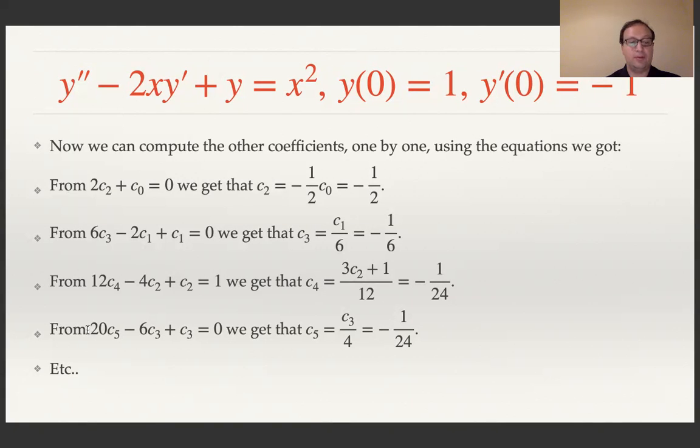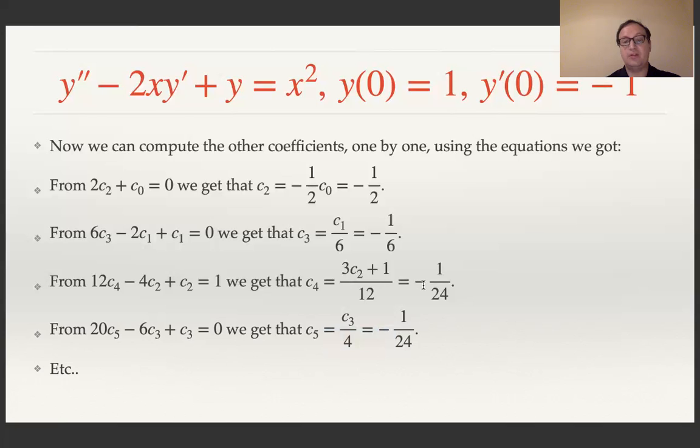Next equation. From this point on, all the equations that we get will have 0 on the right-hand side, because x squared was the only power on the right-hand side that was present. So for all the other powers, the coefficients will be 0. The next equation was 20C5 minus 6C3 plus C3 is equal to 0, which means that C5 is equal to 5C3 over 20, so that's C3 over 4, and that's minus 1 over 24 again.